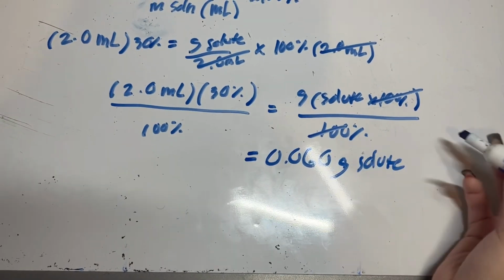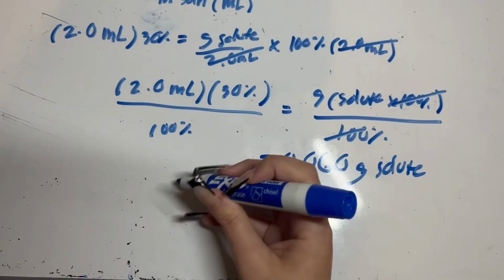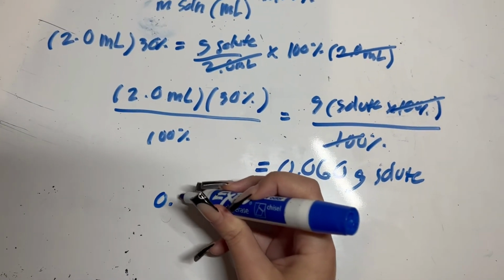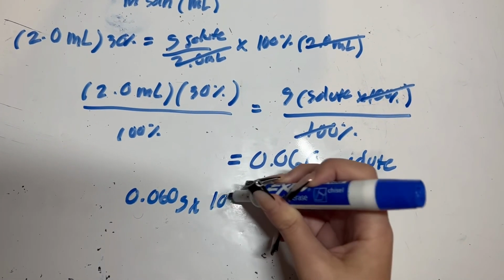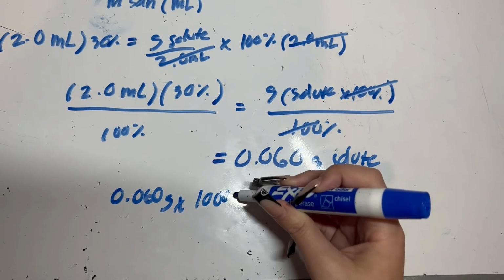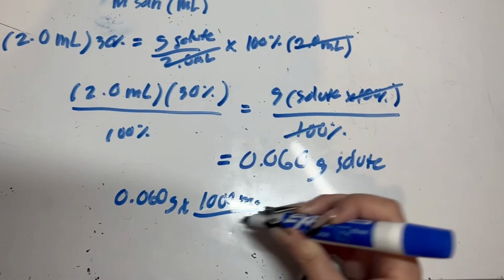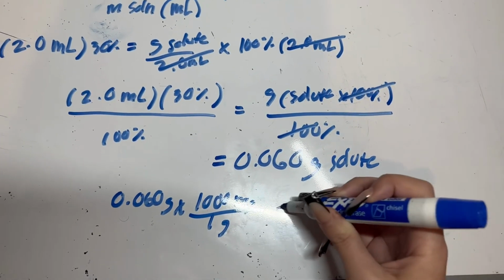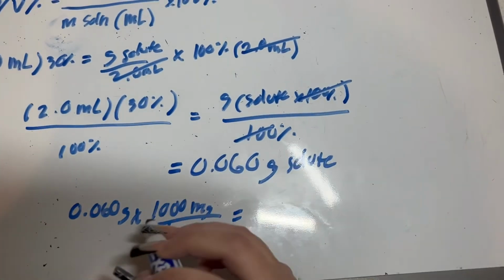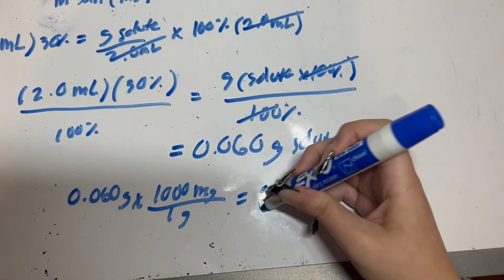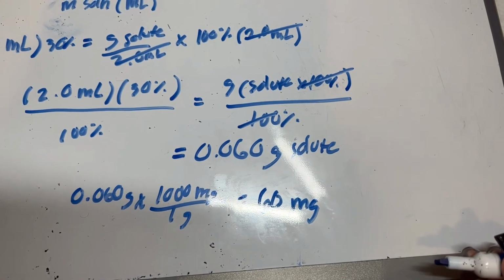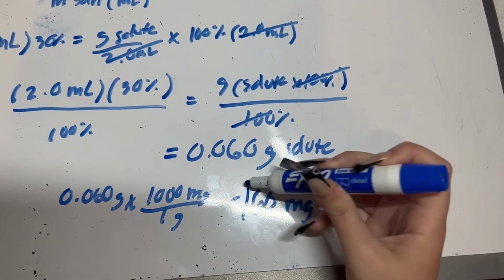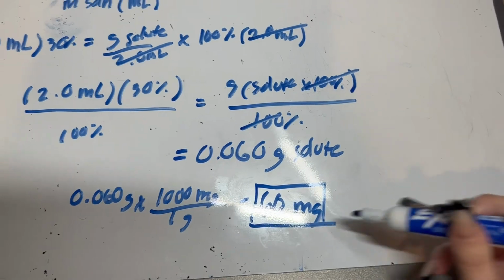And then now I just go back, plug it in one more time to 1000 mg over 1 g, because we're solving for mg, and then we get 60 mg. And that should be my answer for number 2.